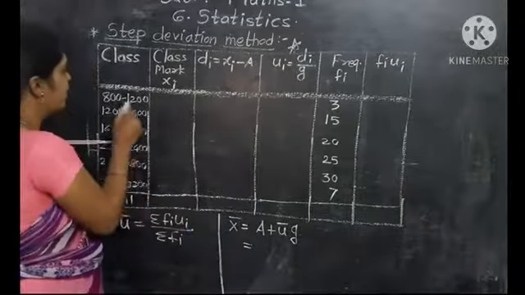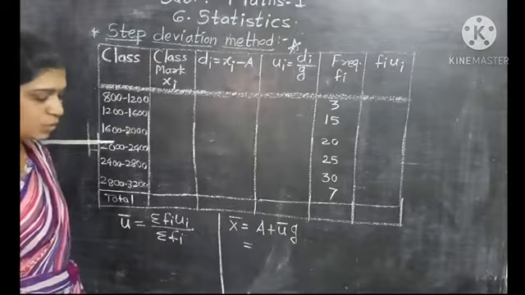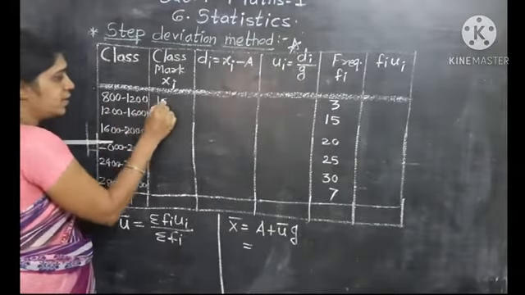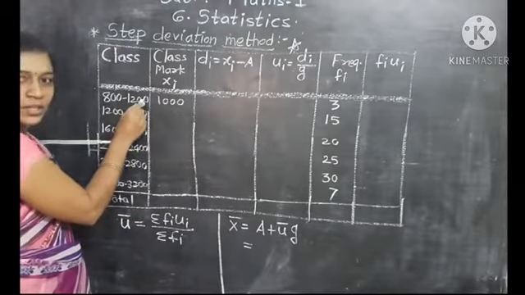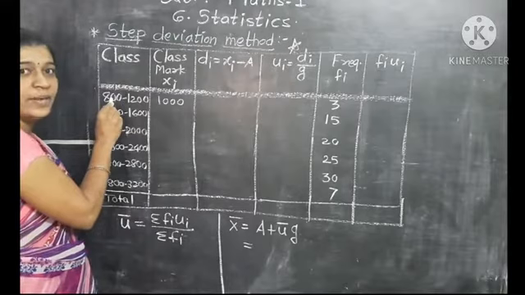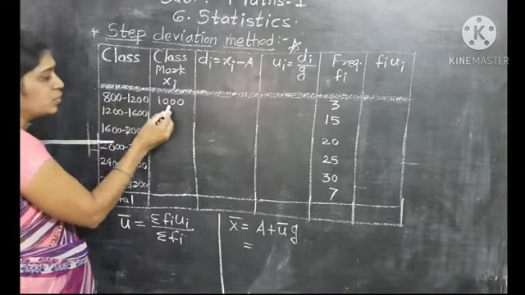Now find the class mark. What is the class mark of the class 800 to 1200? It is 1000: the sum of the upper class limit and lower class limit divided by 2, that is 2000 divided by 2 becomes 1000.